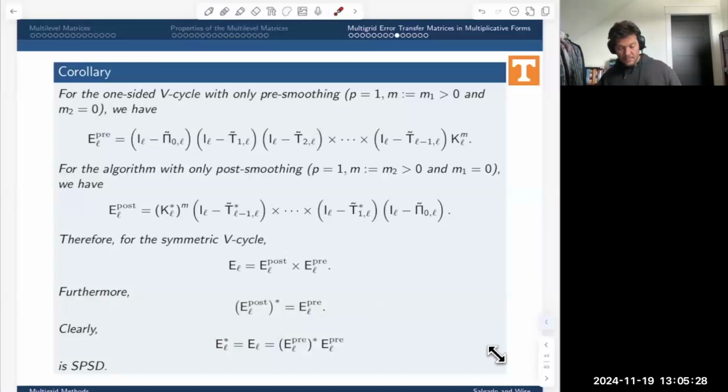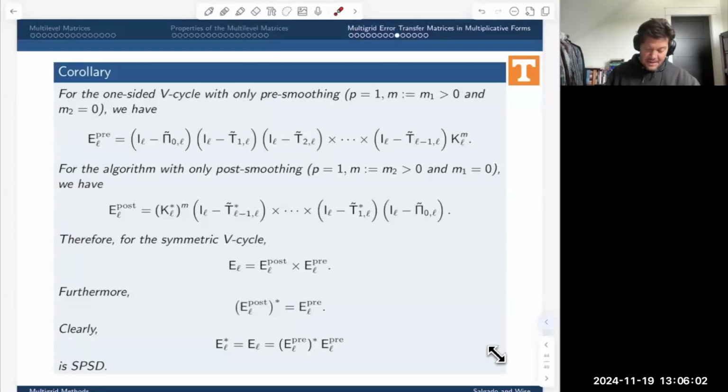Now, this one's a simple corollary, at least I hope you see it as simple, if we use a fact that we learned a while ago. Let's consider the one-sided V-cycle, where we only do pre-smoothing. Pre-smoothing simply means that we have M1 equals M, which is greater than 0, but all the M2s are equal to 0 exactly. This is what we mean by a one-sided V-cycle algorithm with only pre-smoothing.